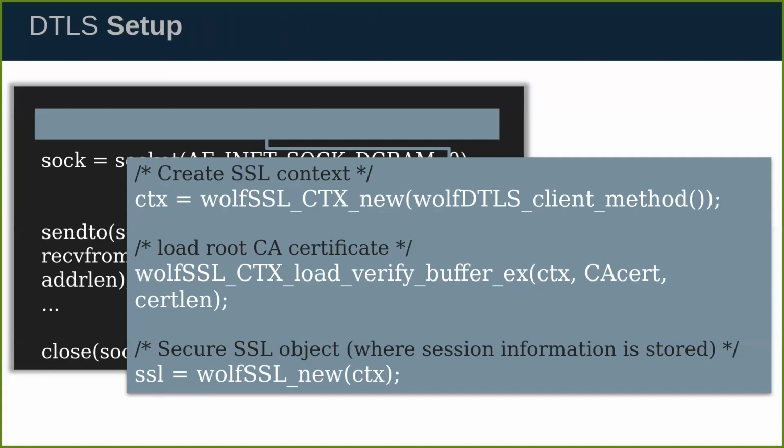You use the wolfDTLS client method. This selects the highest supported method, as well as it allows for downgrading so that you can connect to a DTLS 1.3 and 1.2 peer with the same connection. You don't have to have a dedicated server for 1.2 and a dedicated server for 1.3. We then load the certificate authorities, and then we create the SSL object.